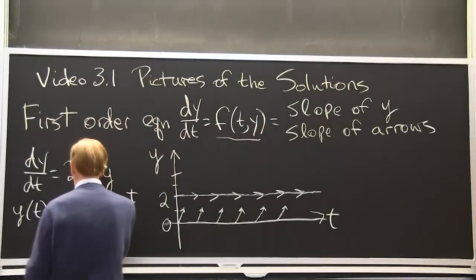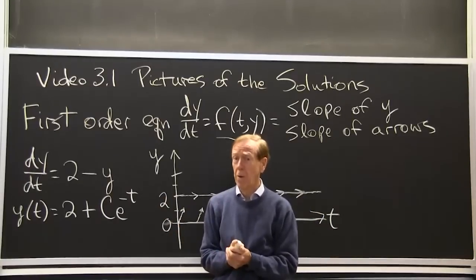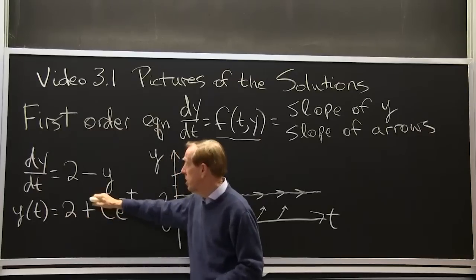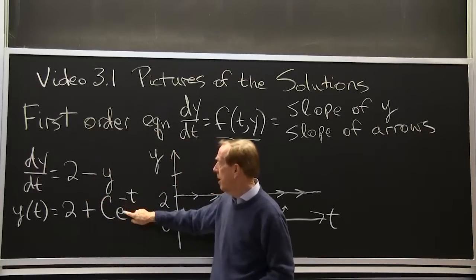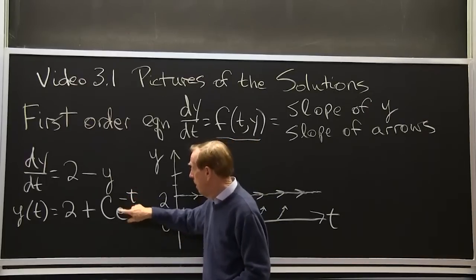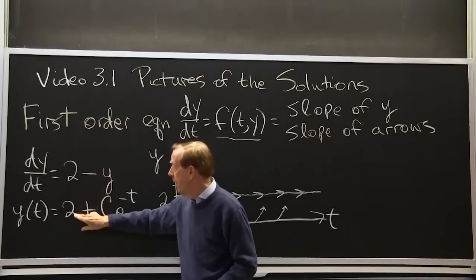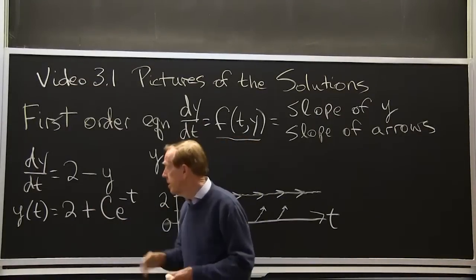And here's my example. I chose a constant coefficient linear equation because I could find the solution. So 2 minus y, I know from that minus sign that I'm going to have exponential decay in the null solution, and then y equal to 2 is a very special particular solution, a constant.